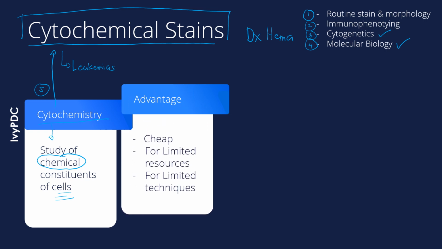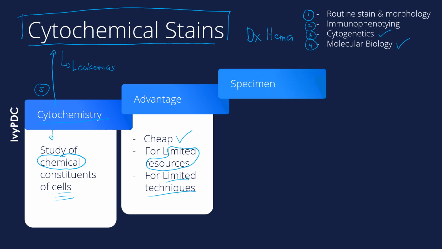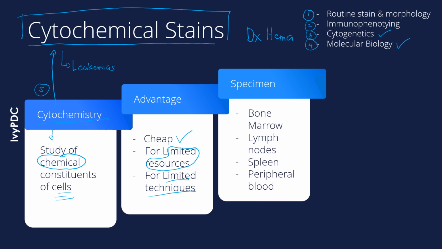Some of these advantages are that the stains are relatively cheap, and they can be performed in laboratories anywhere in the world, including in areas where there are limited resources and limited access to advanced techniques. The different kinds of specimens that can be used in cytochemical staining would be the bone marrow, lymph nodes, spleen, and the peripheral blood.